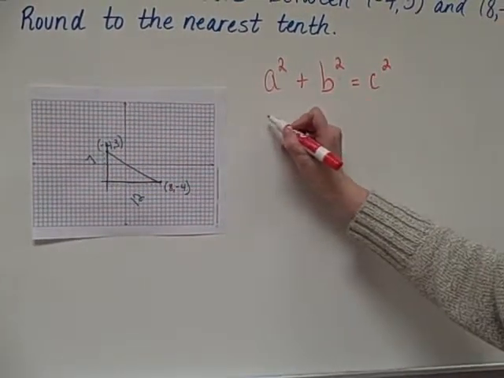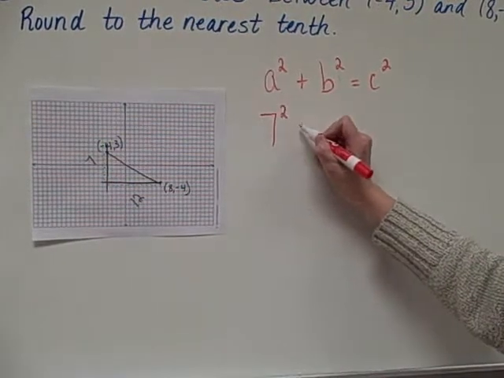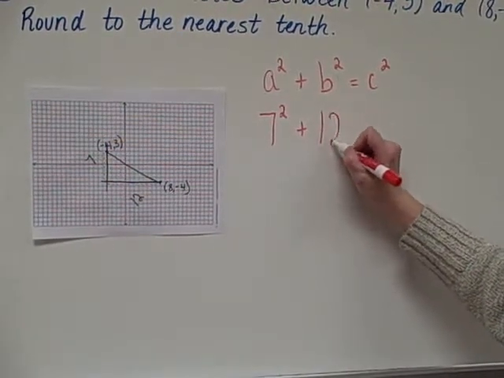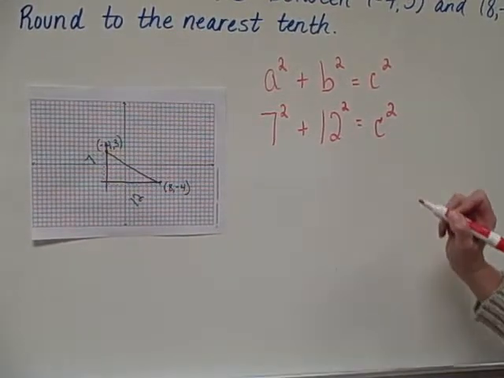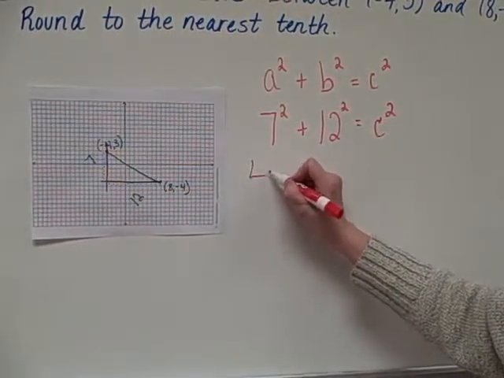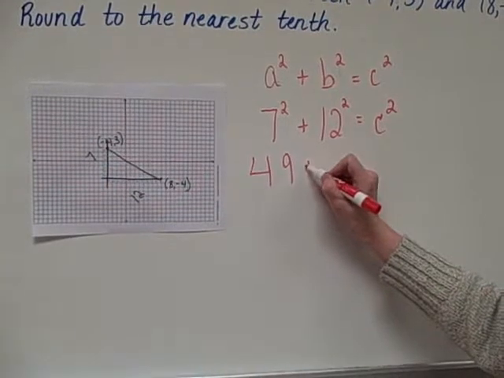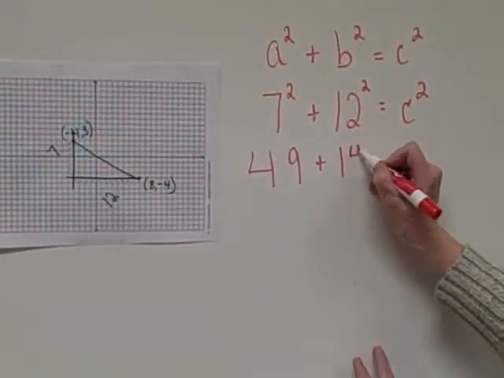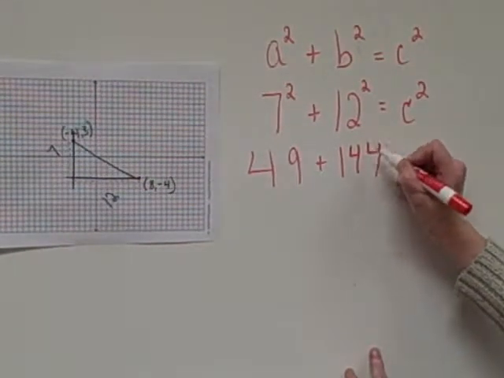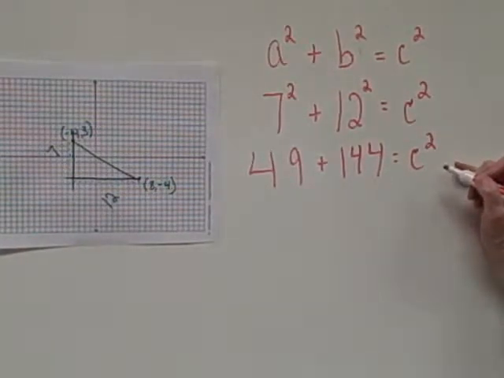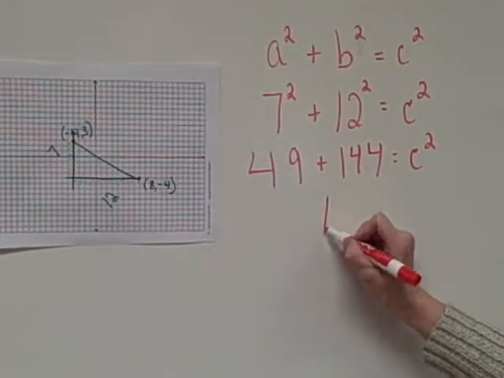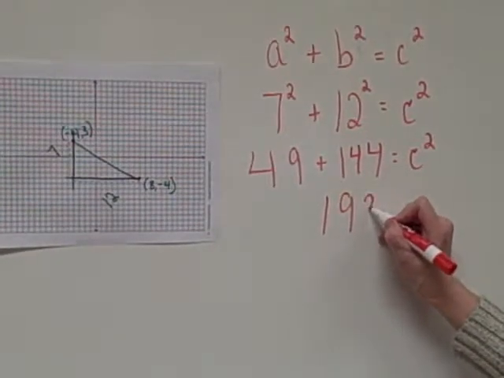I'm going to plug in the 7 and the 12 in place of a and b. I am solving for c. So 49 plus 144 equals c squared. Adding 49 plus 144 equals 193.